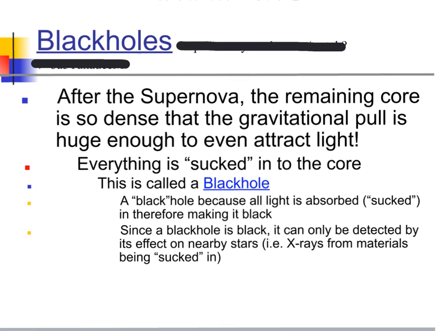So a black hole is basically just a huge gravitational vacuum that's sucking everything in, including light, which makes it appear black. So again, these black holes will only form if the mass of the star is large enough.